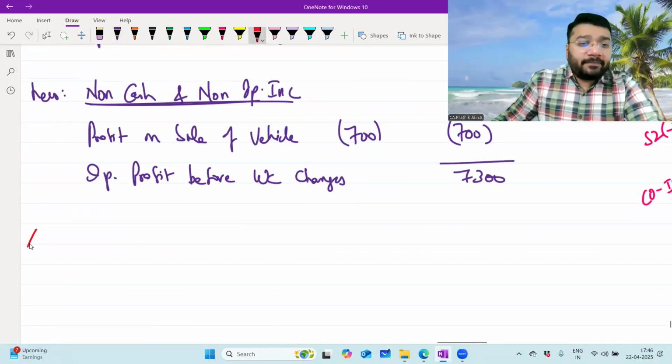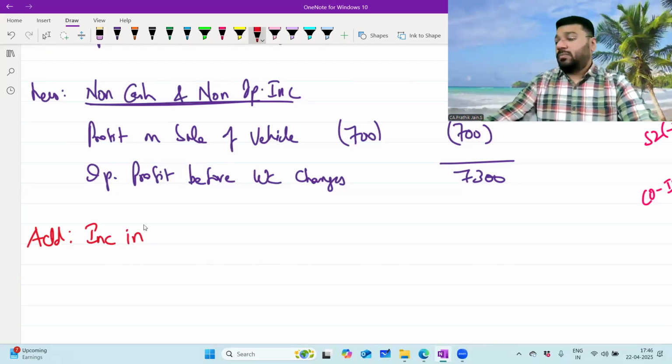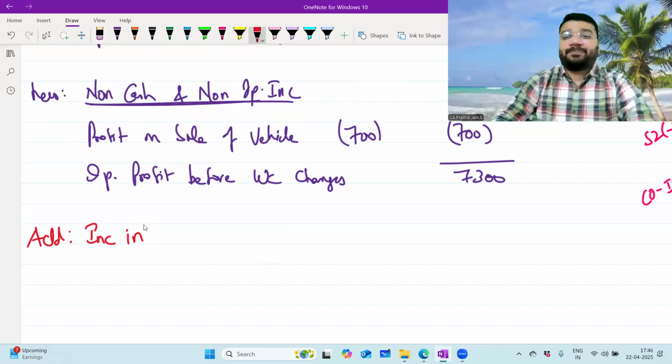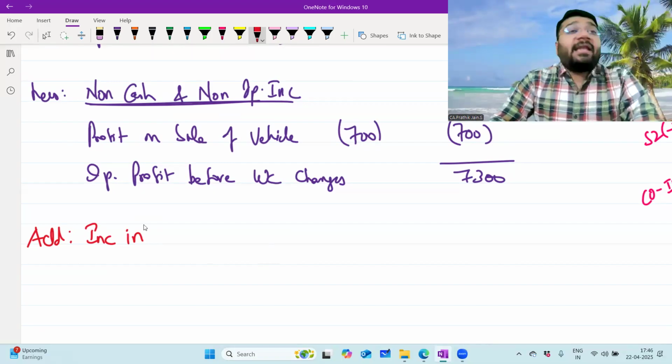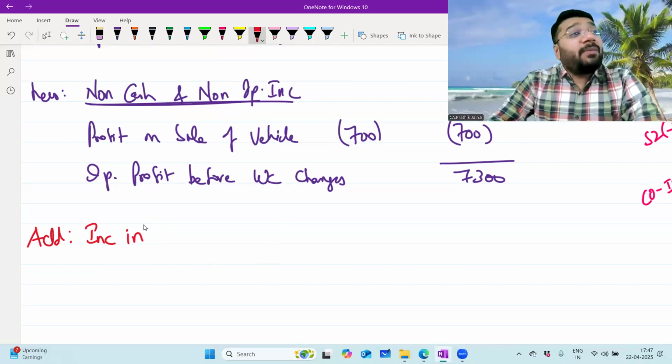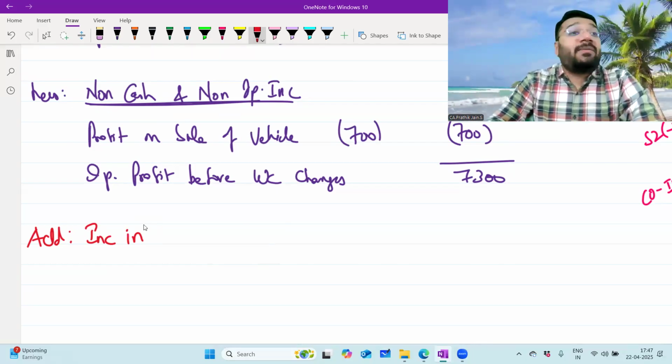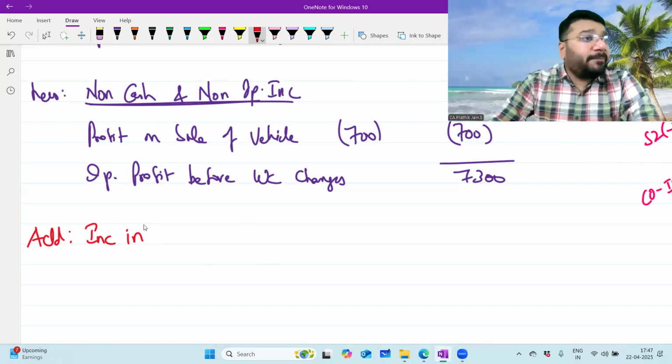Now add increase in. Now wait, don't write current liability. Anywhere in the format of, forget format. If you see AS3, did they provide any format for your cash flow statement? They have only given the example. Based on that example, the experts have drafted their format and they have started following it.